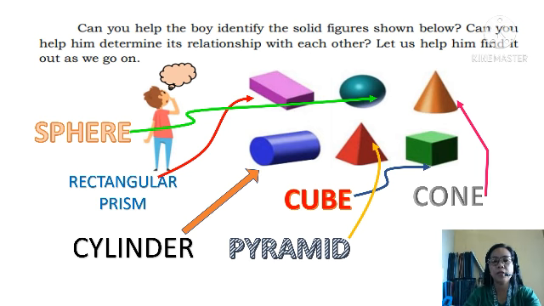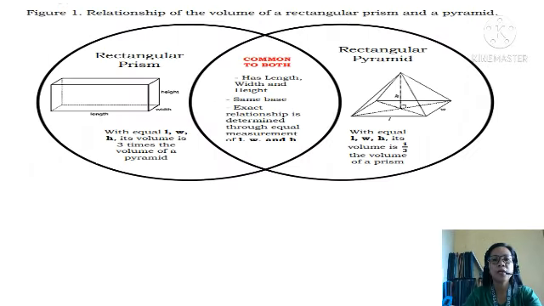So what are we going to have now? Let's have first the relationship of the volume of a rectangular prism and a pyramid. When we talk about a rectangular prism, we'll also talk about the rectangular pyramid. So you have the rectangular prism.